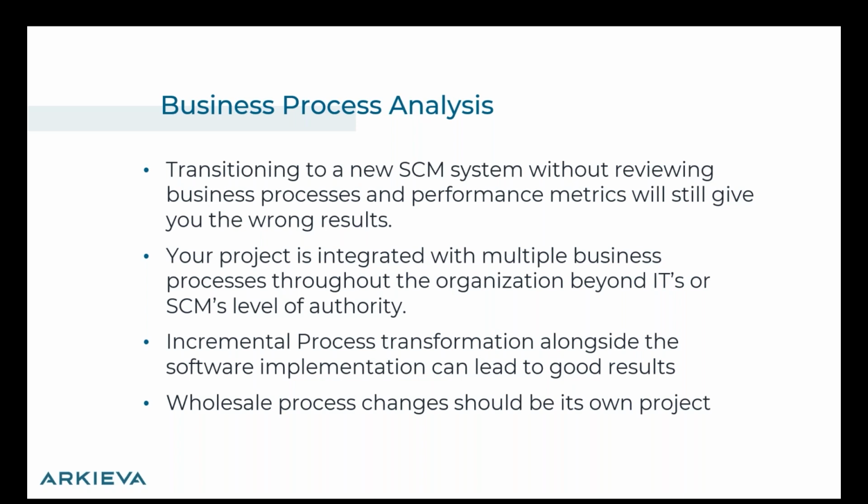And sometimes they will be within your control, supply chain control, but sometimes it'll be within IT's control, but sometimes it can be outside. Maybe the finance department is needing some data. So anytime you have a project like this, having a fair idea of where you are touching the business process is going to be very important.